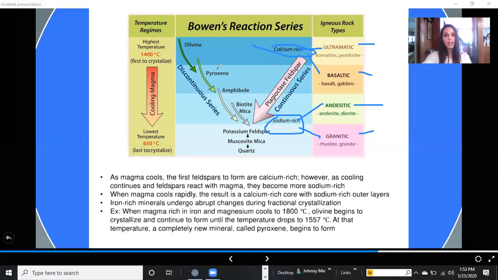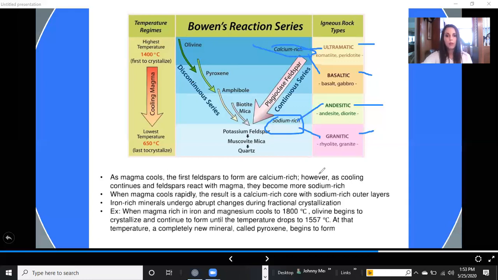So you've got these high temperatures, and you have olivine crystallizing, and then as it reacts with the magma, we get to new melting points, and so new elements can melt and come together, and that's why these new minerals can continually form. You just have these abrupt changes.